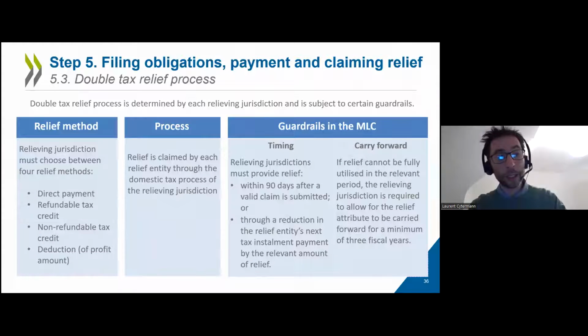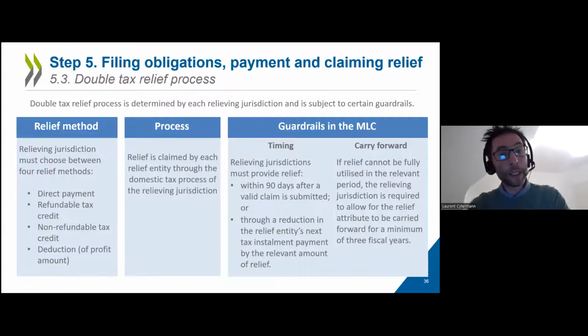And so the MLC recognizes a certain degree of flexibility to provide relief for double taxation for Amount A, but still it includes a number of guardrails to guarantee effective and timely relief. And this was also a strong request from stakeholders in the public consultation.